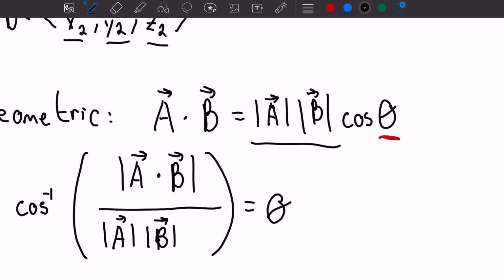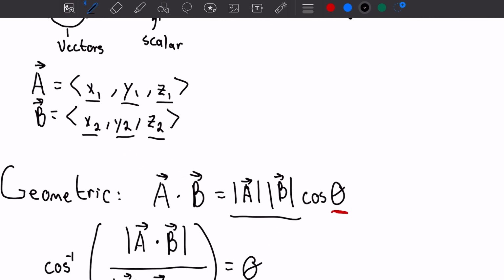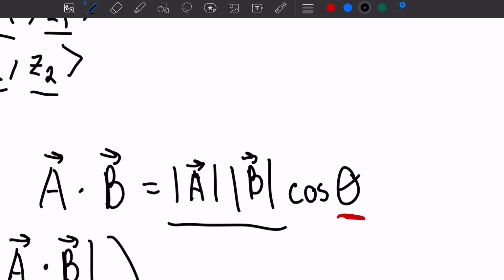So that's just an example as to why these two different definitions are very useful and how you can use them with one another to solve for something that you may not be given in the equation. And again, this geometric definition gives you a scalar quantity as well.